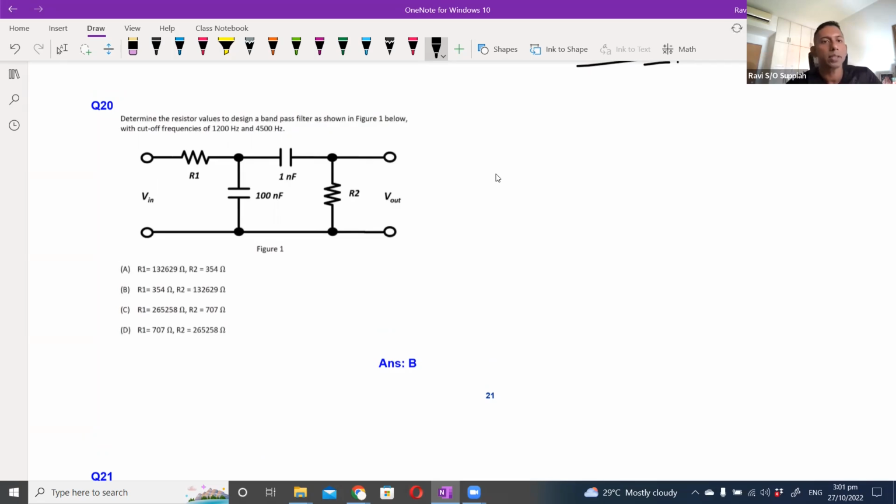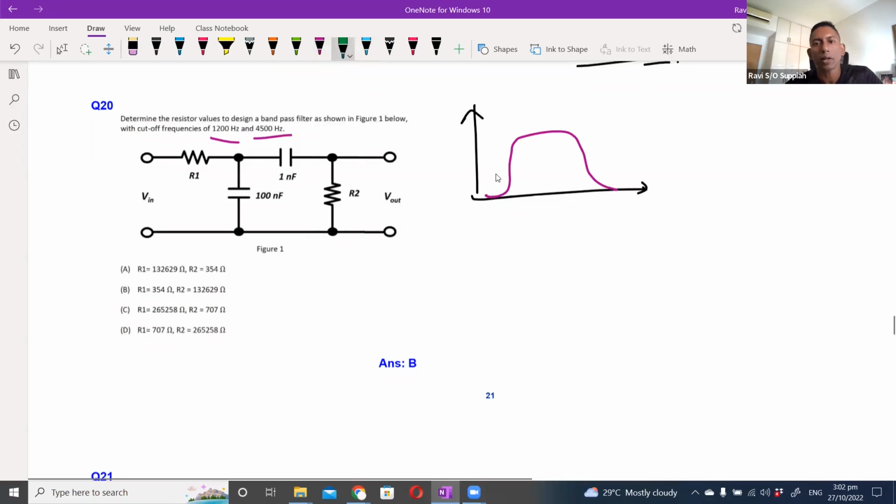In this first question, we are supposed to design a band pass filter with cutoff frequencies of 1200 and 4500. We want to design a band pass filter, so you have a lower cutoff and a higher cutoff. The lower cutoff here will be 1200 and the higher cutoff will be 4500.